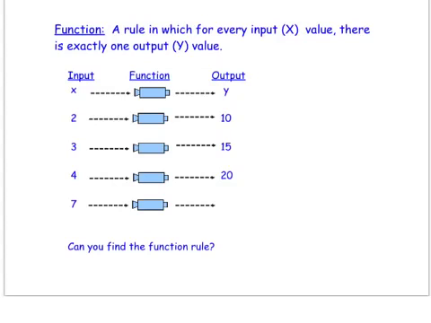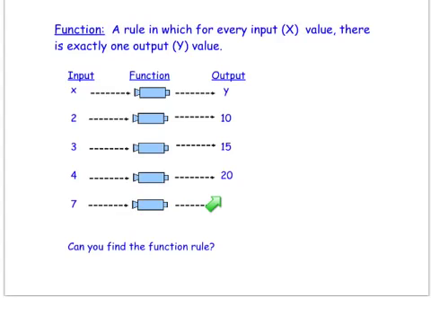Our input on this one is 2. I start with 2, go through the machine, and I get 10. Start with 3, go through the machine, I get 15. 4, 20. 7, who thinks they know what would go there?